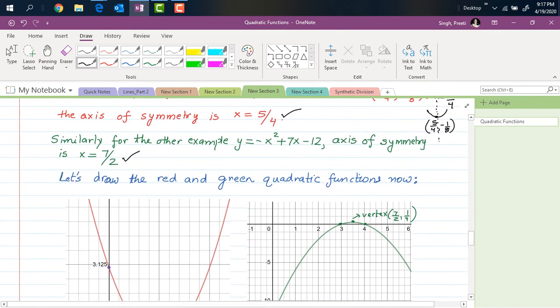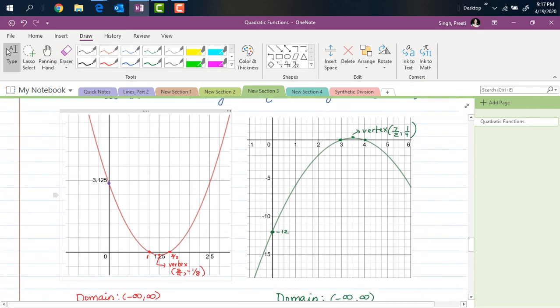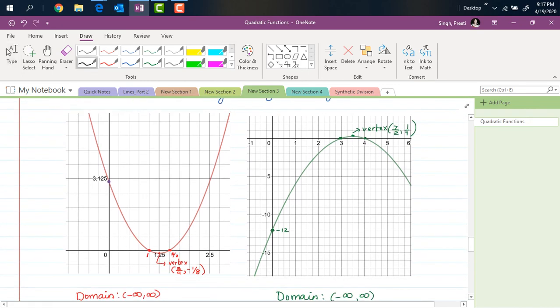Now let's draw the two functions. The last part is graphing them. The red one, if you remember, let's write everything here. What were the intercepts? The x-intercepts were 1, 0 and 3/2, 0, and that's what I have plotted here.